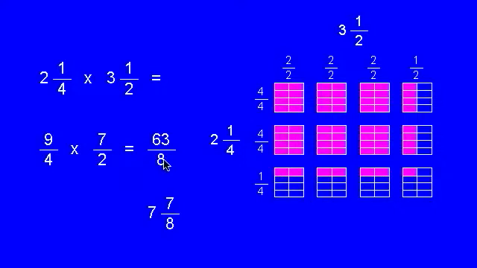So 2 times 4 is 8, and 8 goes into 63 7 times, with 7 remainder. So that's the standard process for multiplying mixed numbers. Make them improper, then multiply across, and simplify.